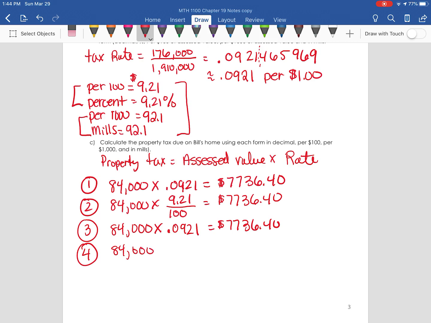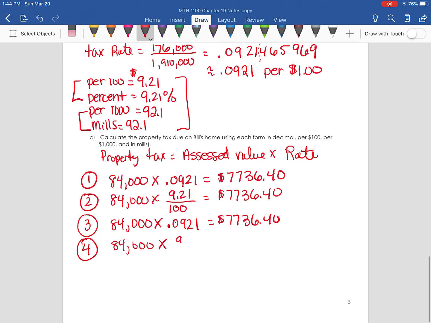Now when we do it per 1,000, I'm going to take 84,000 times the tax rate in per thousand, which we said was 92.1. So I would take 92.1 divided by 1,000 because it's per 1,000, and I take 84,000 times 92.1 divided by 1,000, and I still get the same answer.